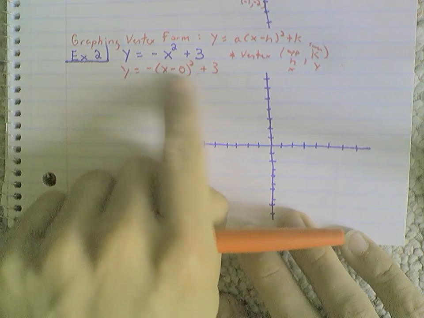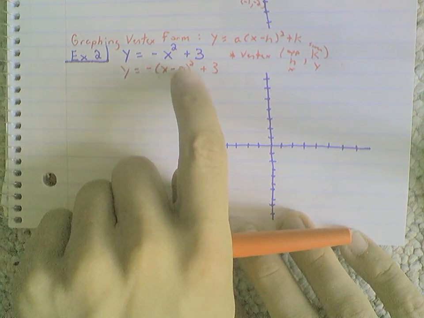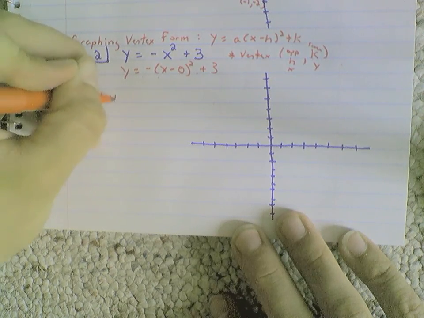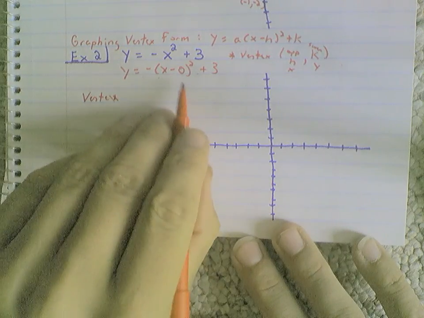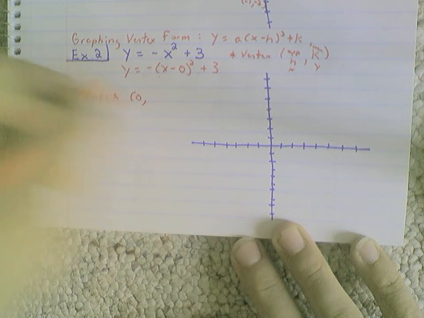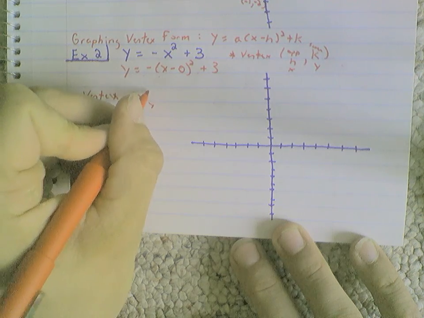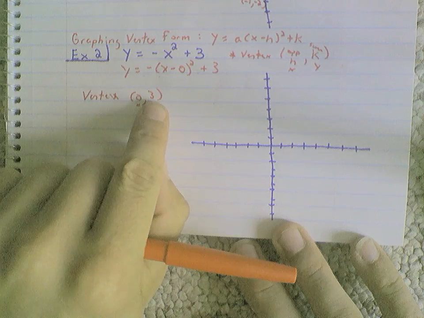There's nothing being subtracted or added to the x value, so really my h is a 0. Well, if I think about the vertex then for a second, I know that the opposite of 0 is just 0, and then my y value is going to be the same as my k, which is 3. So my vertex happens at 0, 3.